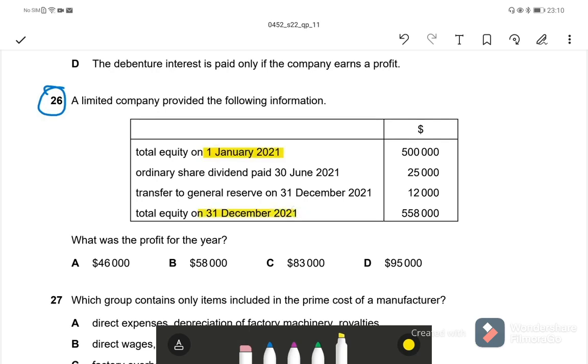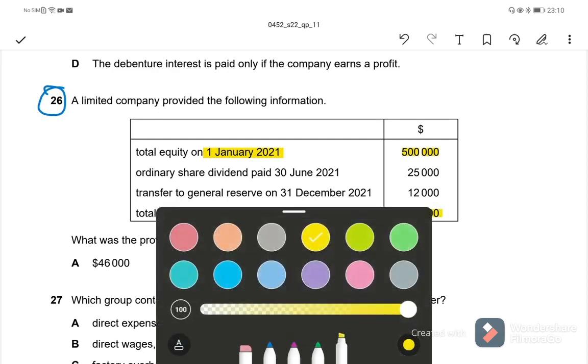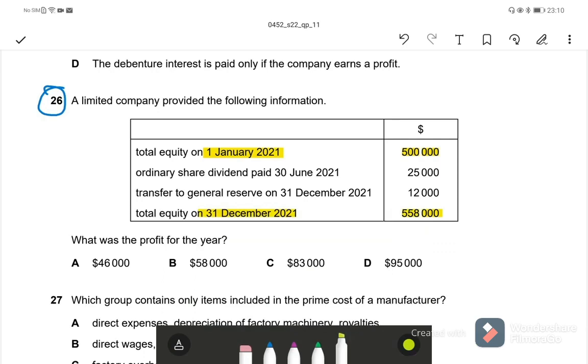They are given opening and closing equity, 500,000, 558,000. Then they are given ordinary share dividend paid and transferred to general reserve. What is the question? The question is, what was the profit for the year?